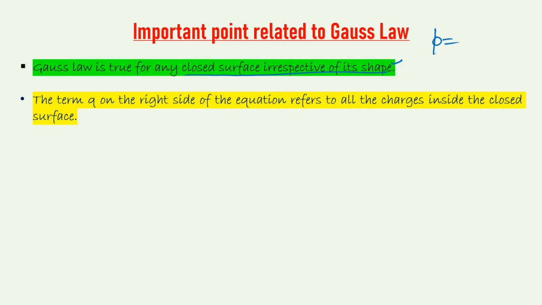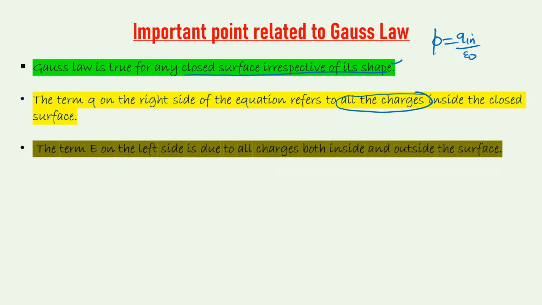Phi is equal to Q enclosed by epsilon naught, where Q enclosed is all the charge inside the closed surface. The term E on the left side is due to all the charge, both inside and outside the surface. Here E dot dS integrated is equal to Q upon epsilon naught, the net flux.